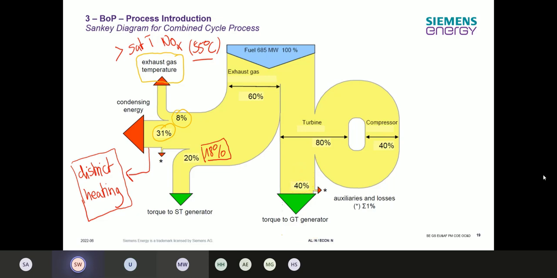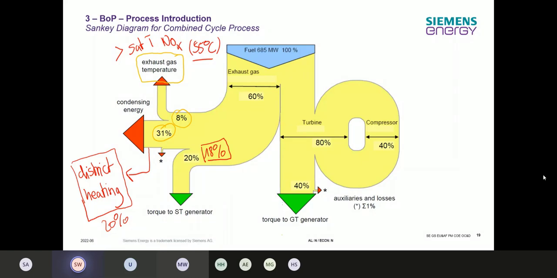So probably steam turbine is getting a little bit reduced because you're taking steam out of the system. So your electrical output over here on the generator side will get reduced. But at the same moment, you're bringing a lot of condensing energy, which would normally go to the condenser, to the district heating system. So let's say we have here something like 20%.